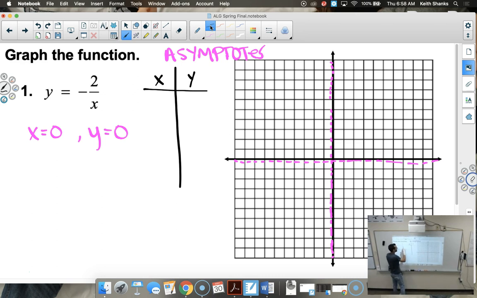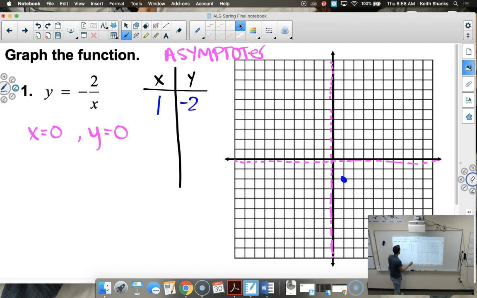So I've got this, and we'll start with something. Again, what you recognize here is x can't be 0. I can't get 0 because I can't divide by 0. So I'm going to start with something like 1. If I plug in a 1, I end up with -2. So over 1, I get -2.